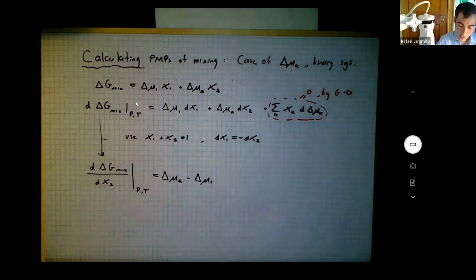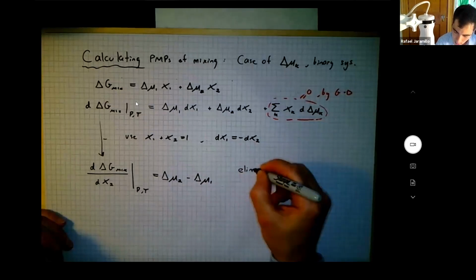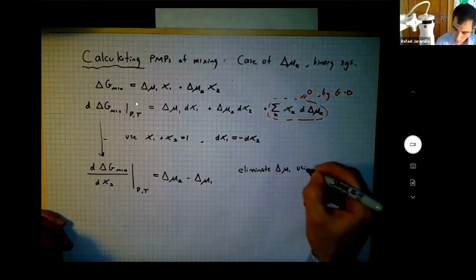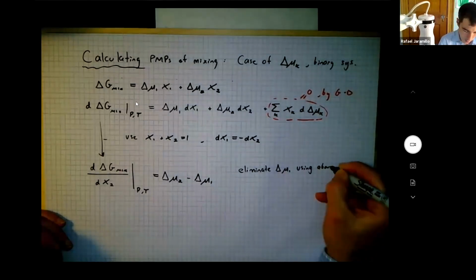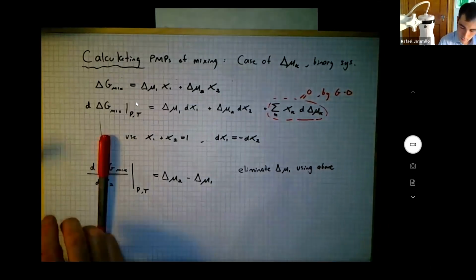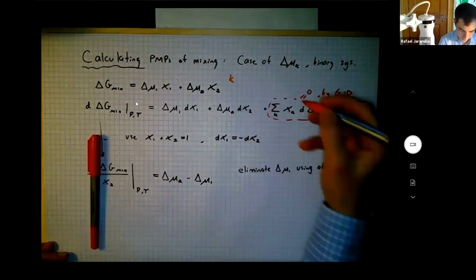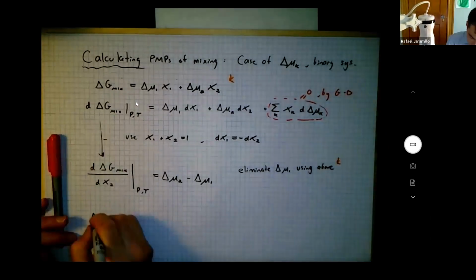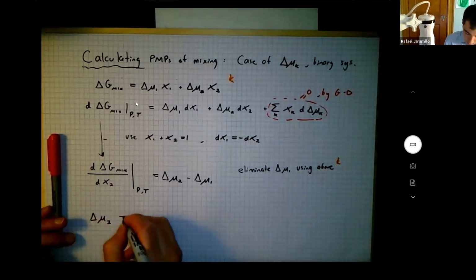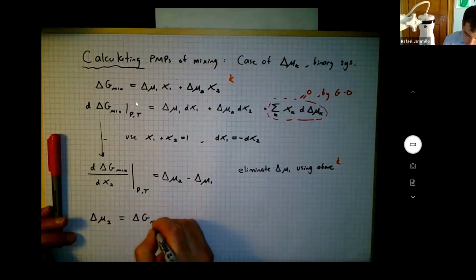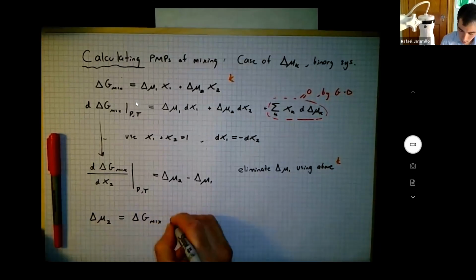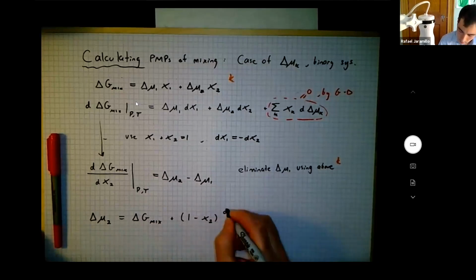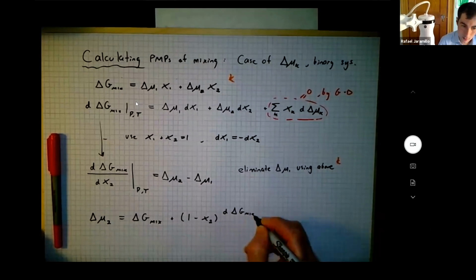And then I'm going to eliminate delta mu of 1 using the above. What's the above? That's the above. And I get the following: delta mu of 2 equals delta G mix plus 1 minus x2 times d delta G mix dx2.